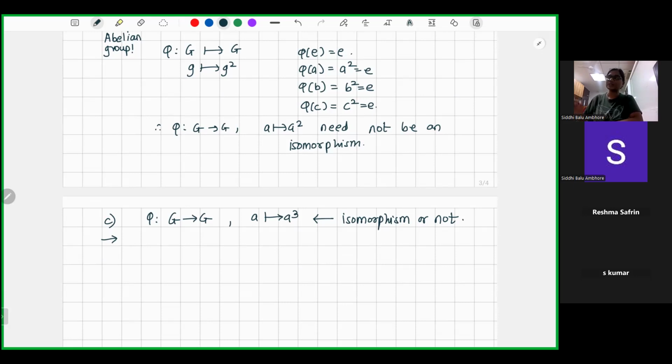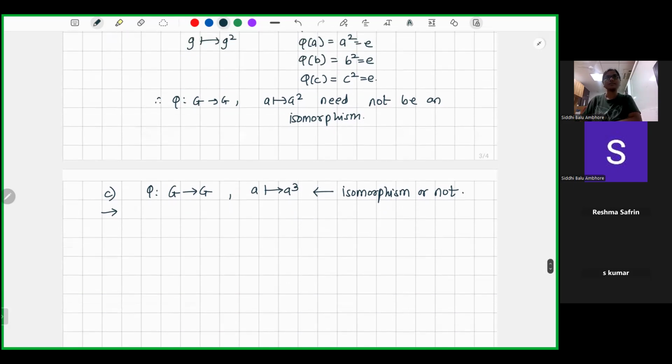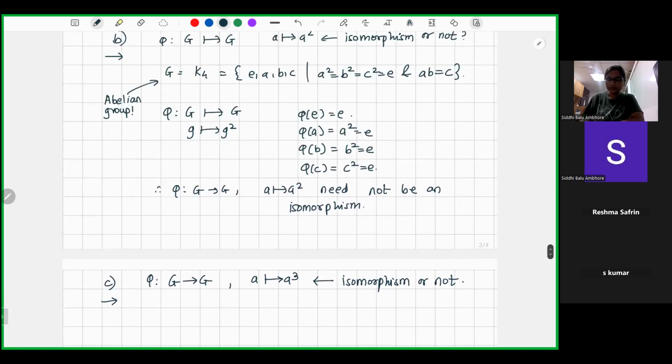I mean, Z3 to Z3 will be very trivial, but apart from that, you can take S3, right?